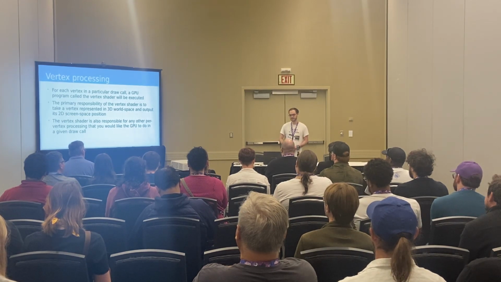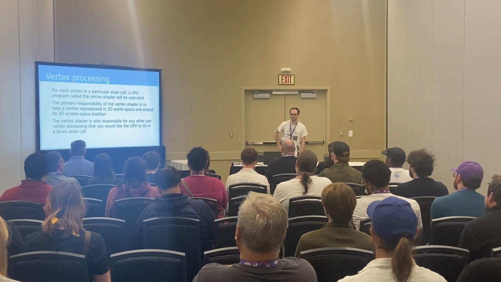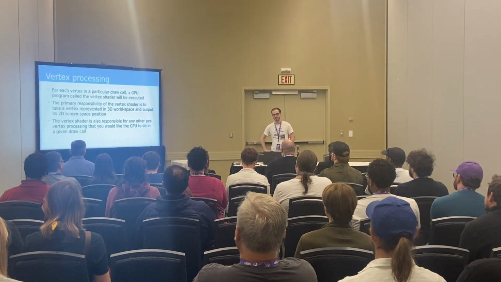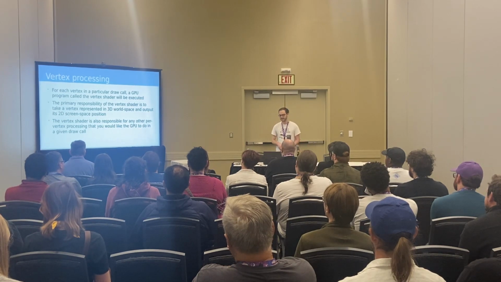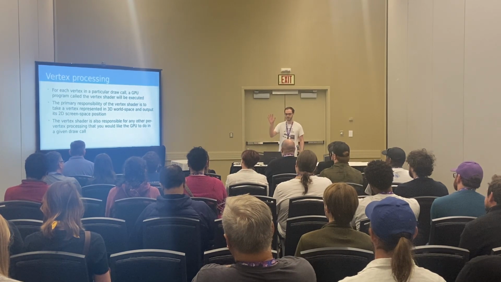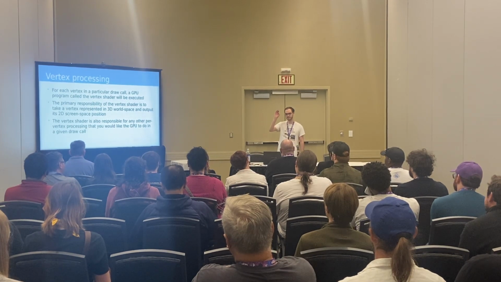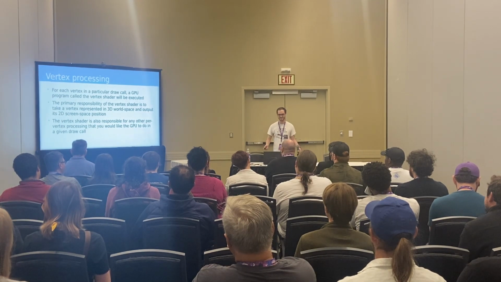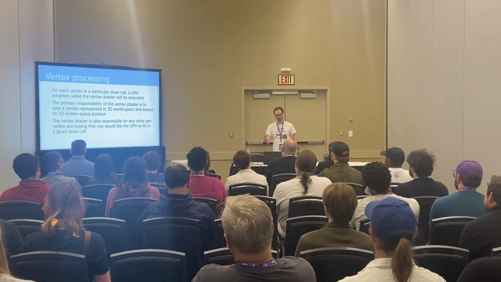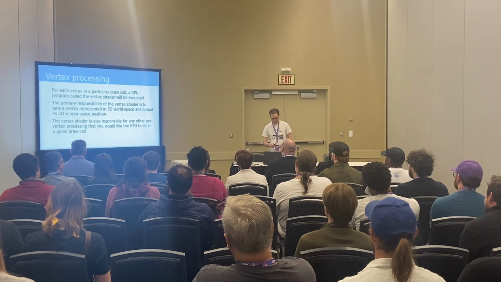The thing about it being custom code, though, is that the vertex shader can also do any other per-vertex processing you might want to do. An example that comes to mind is a tree blowing in the wind. In your vertex shader, you might have the vertices sample a noise texture to move them a little bit. That would not necessarily be transforming them into screen space, but it is the job of vertex processing.